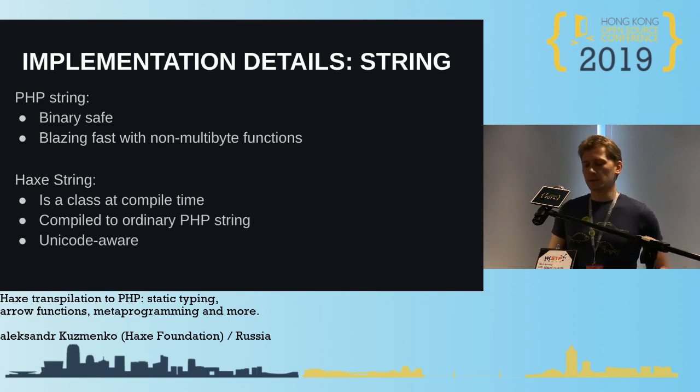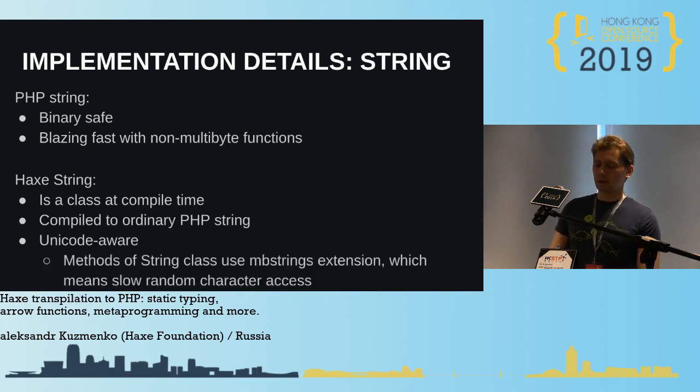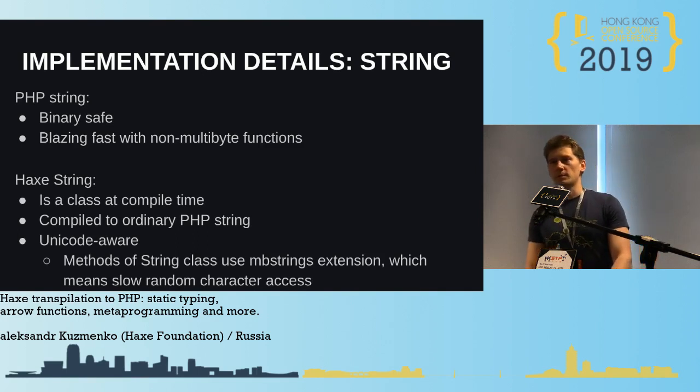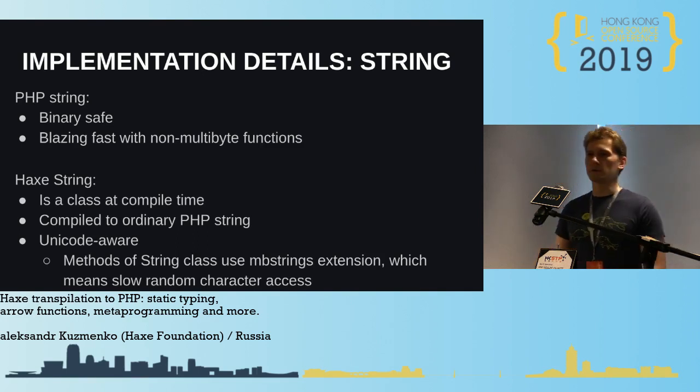Because it's Unicode aware, the methods of the string class may be much slower for random character access. But you can always use native PHP functions to operate on a string, ignoring the Unicode.